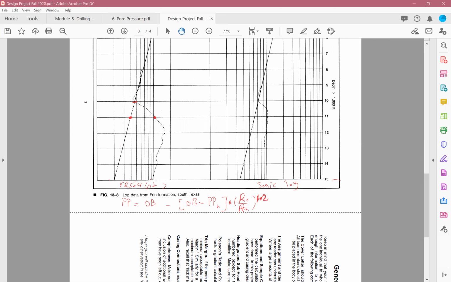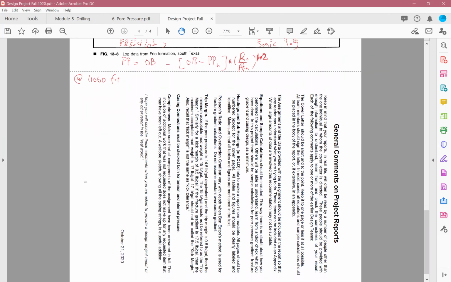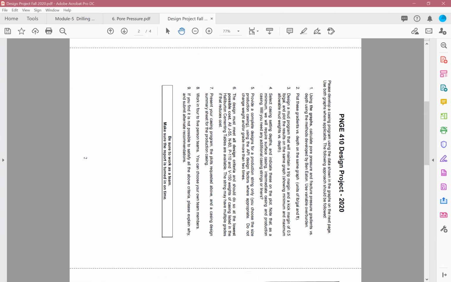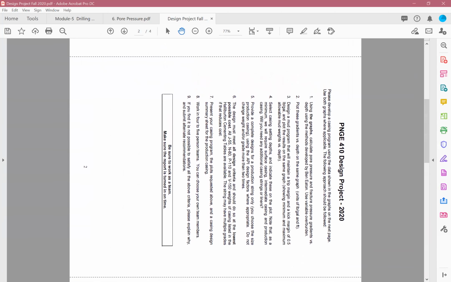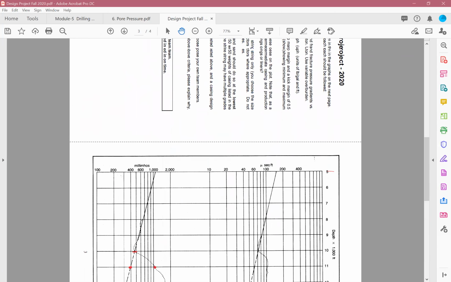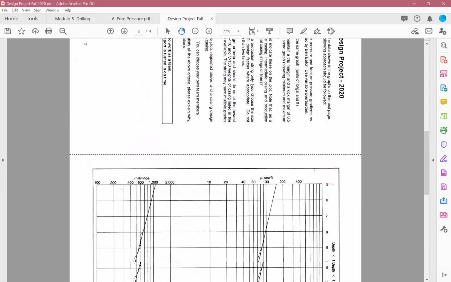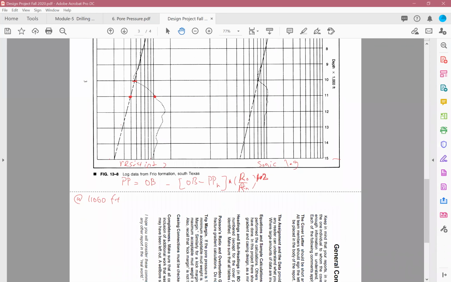Now, at this point, at 11,000 feet, the overburden pressure, I believe, should also be given to you. If not, just assume 1 psi per feet. So let's assume that it's 1 psi per feet. So pore pressure is equal to overburden pressure, which is 1 psi per feet.